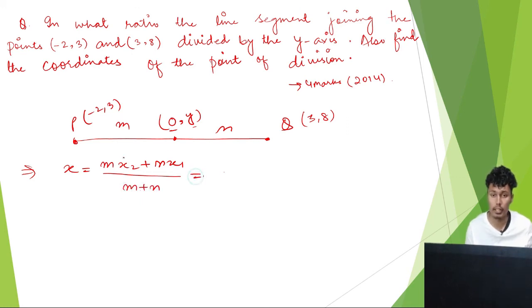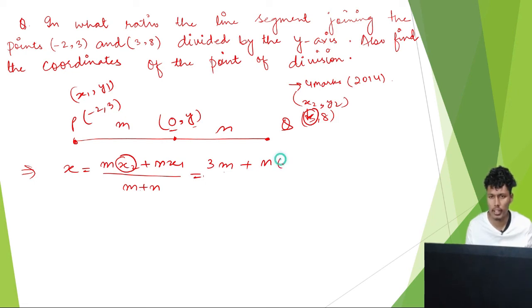Okay, so here what is x2? This is x2, right? x1 y1, x2 y2. So what is x2? 3. So m into 3, it is 3m, plus n. x1 is -2, right?